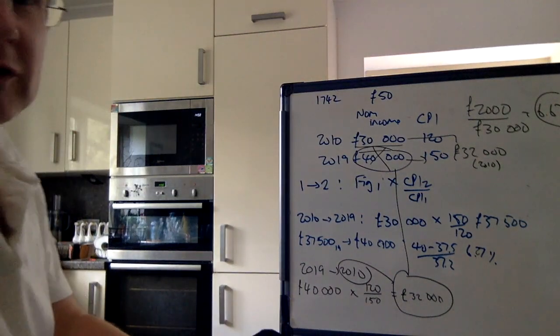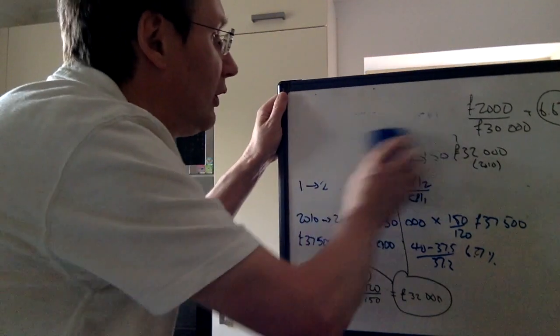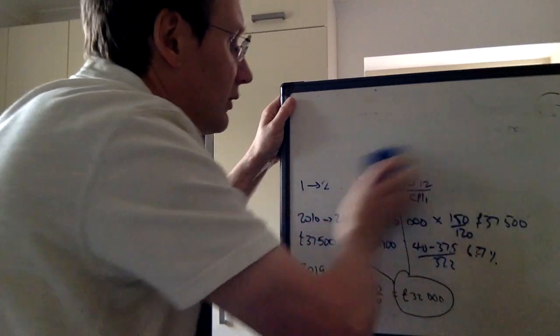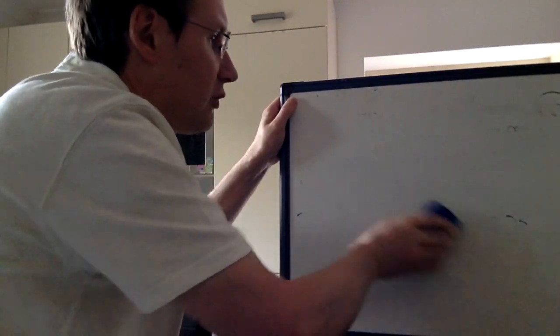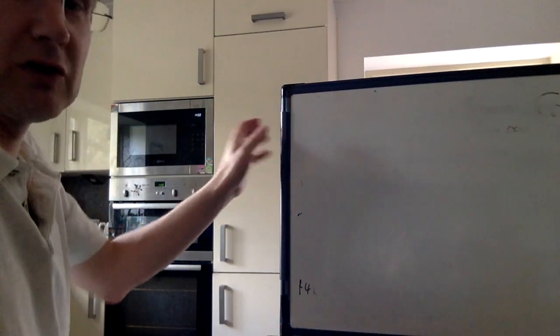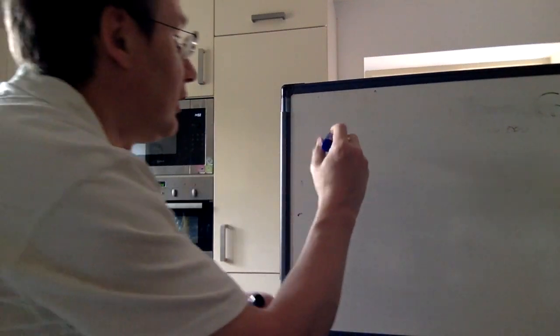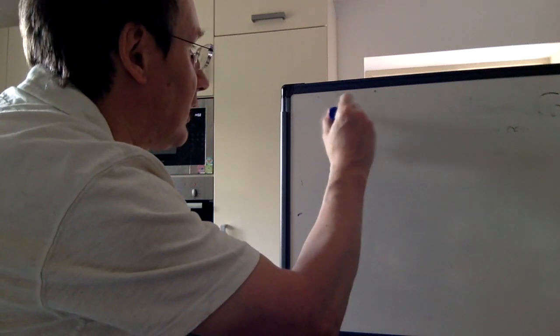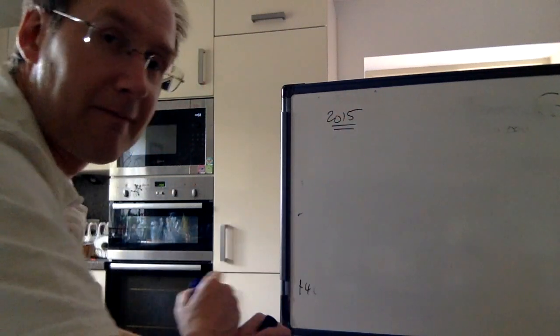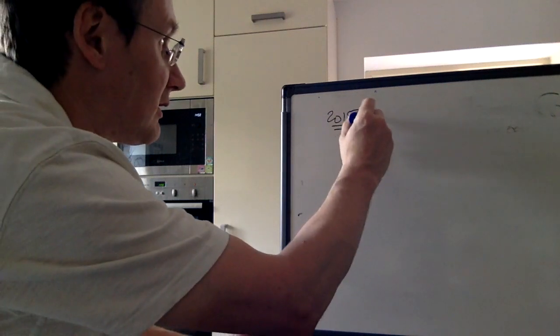So all we're saying is if you want to turn something into real terms, then you have to pick a common base. And once you've done that, you can work out any percentage change that you want. Suppose we decide that we want to turn everything into 2015 prices, and we set that as our base.